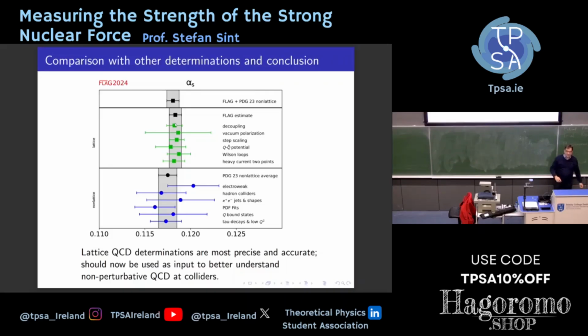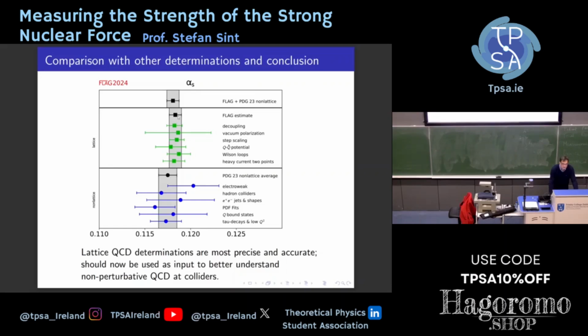So that is meant by decoupling. It would be decoupling 3 quarks and then making a controlled connection between 3-flavor QCD and the pure gauge theory, and using advanced techniques in the pure gauge theory, which are not available for the full QCD theory. So that's the decoupling result, and then one can basically average these two. They are pretty independent, and then one gets what is here the FLAG estimate.